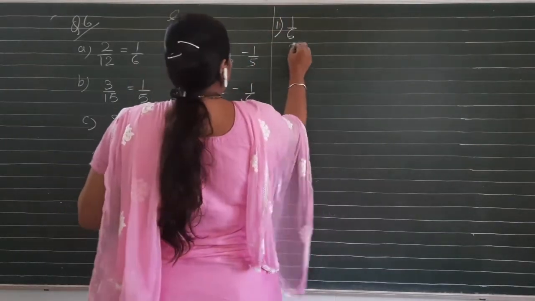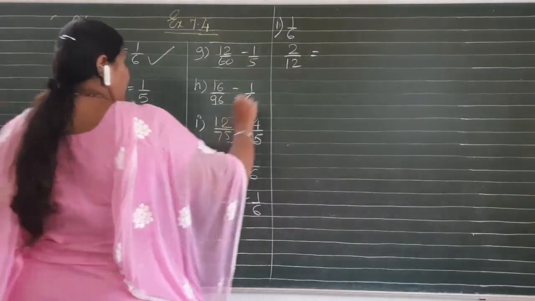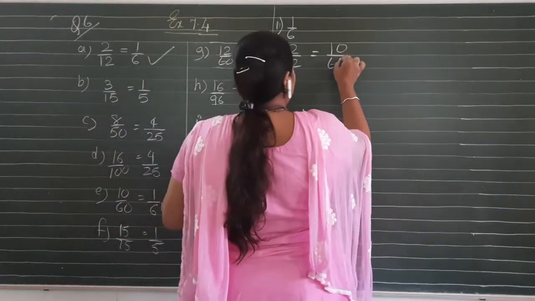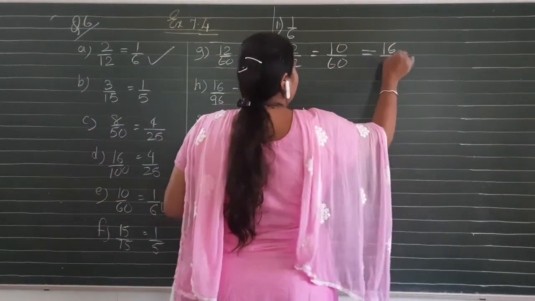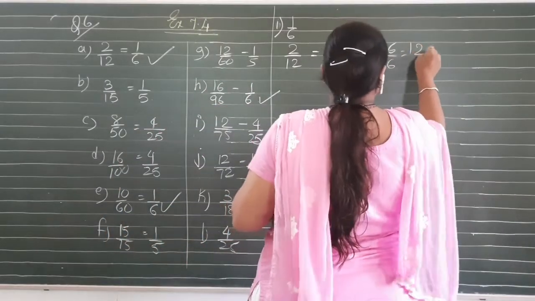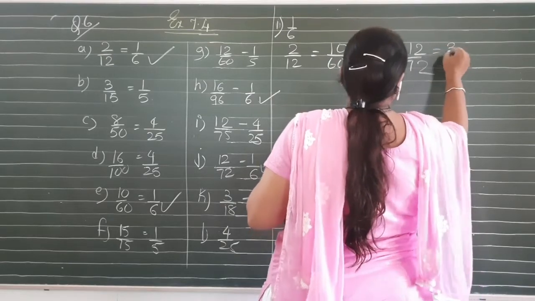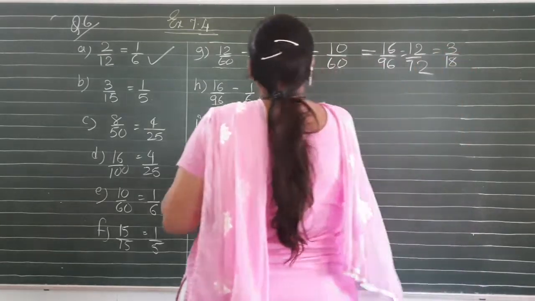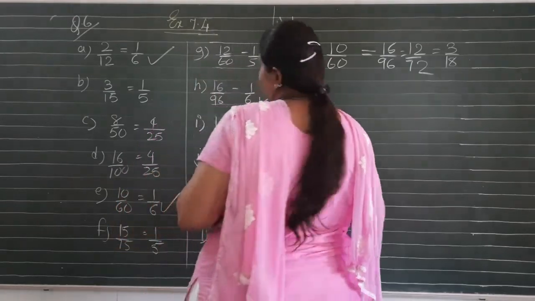So it's 2 upon 12 is equal to 10 upon 60 is equal to 16 upon 96 is equal to 12 upon 72 is equal to 3 upon 18.